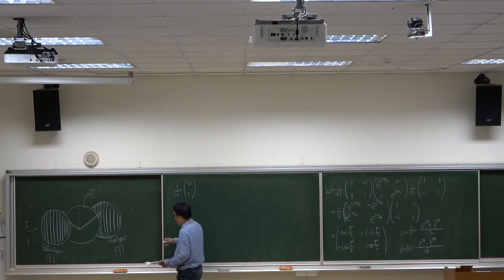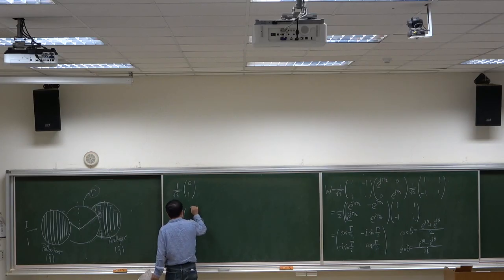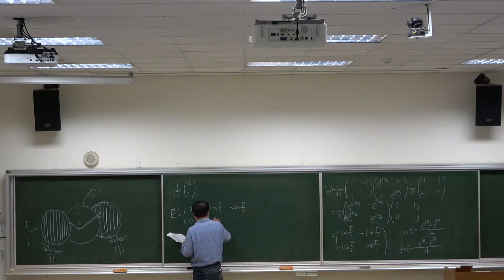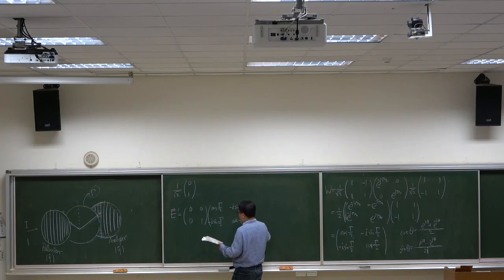And so the final E becomes E = (0, 1) times W, which is the matrix cosine half gamma, minus I sine half gamma; minus I sine half gamma, cosine half gamma. Okay.